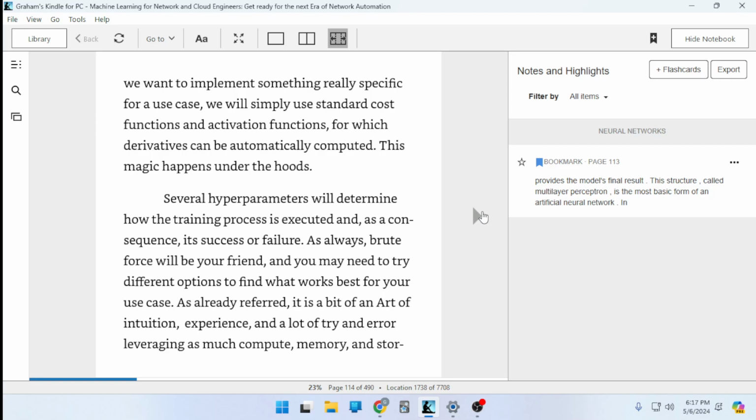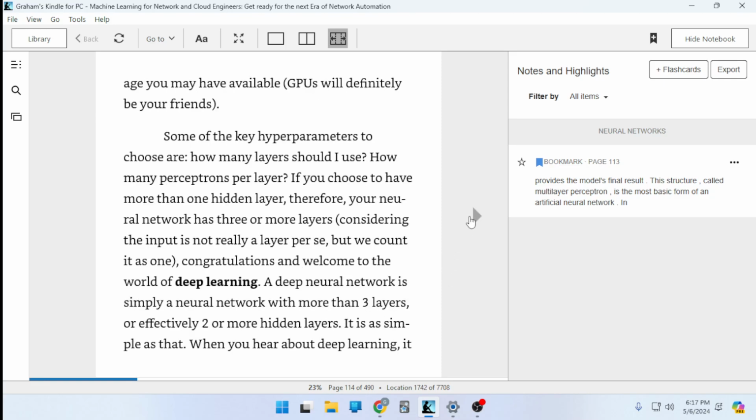As already referred, it is a bit of an art of intuition, experience, and a lot of trial and error, leveraging as much compute, memory, and storage as you may have available. GPUs will definitely be your friends. Some of the key hyperparameters to choose are: how many layers should I use? How many perceptrons per layer?